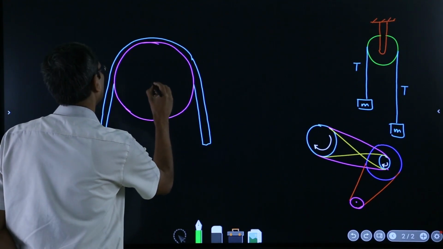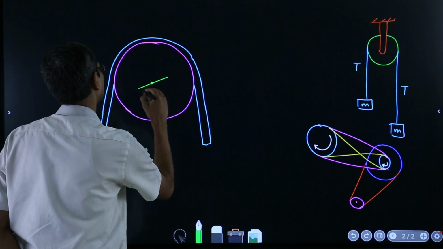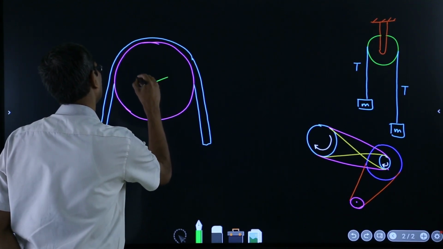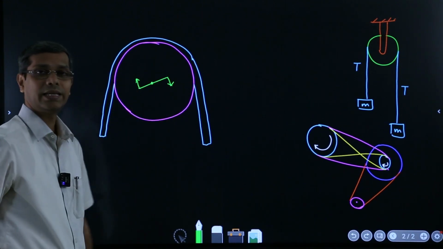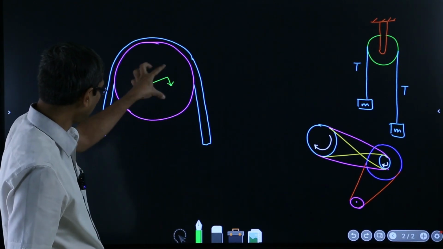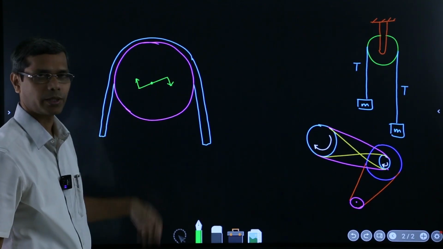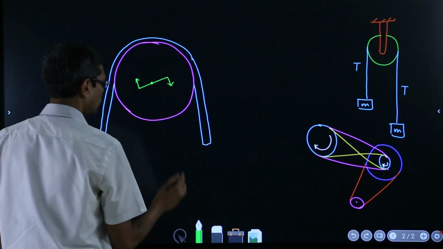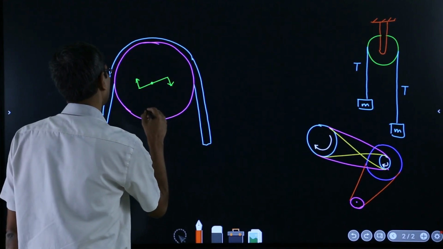and you are applying, say, about this point a certain moment. For example, this joint is capable of applying a moment in this direction. Had it been frictionless, this moment could not come here, and also this is capable of applying a reaction maybe, okay.